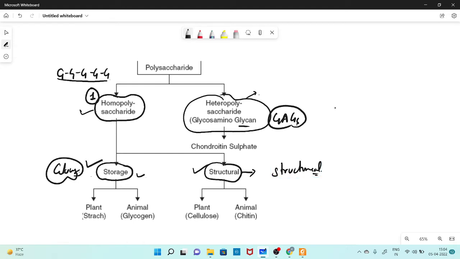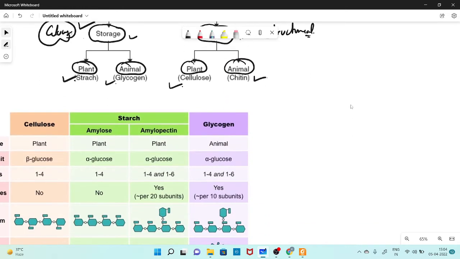The examples: in plants there is starch, in animals there is glycogen. For structure, in plants there is cellulose, in animals there is chitin. So let's discuss these two types of homopolysaccharides, storage and structure. This is, I think, clear: which are the storage ones and which are the structural ones?